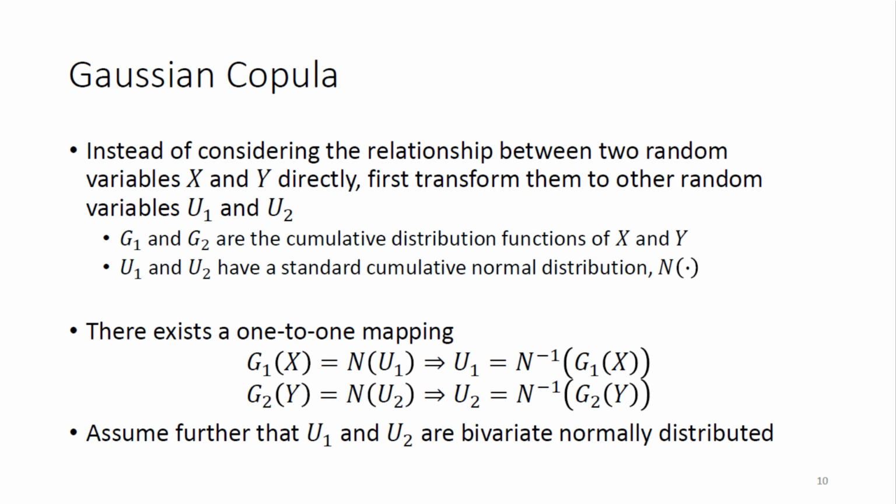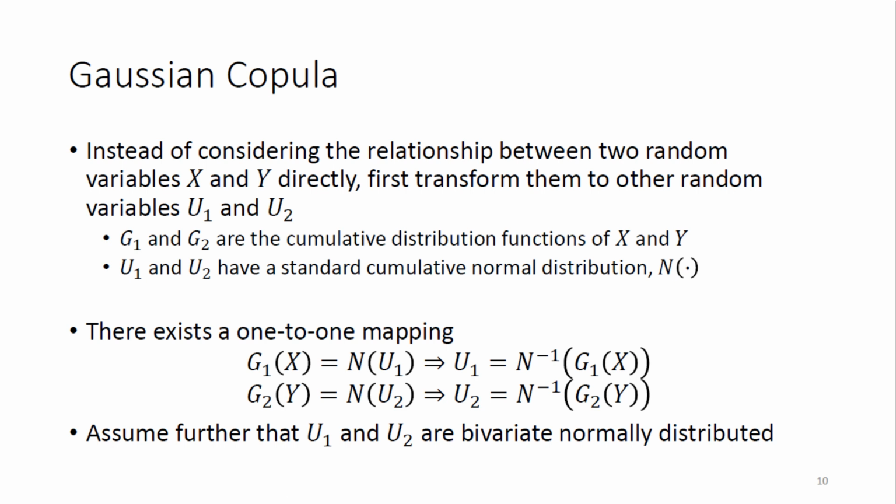It's only on the variables u1 and u2 that I'm going to impose a relationship. And simply what I do is I assume that this relationship is linear. So I assume that variables u1 and u2 have a bivariate normal distribution function.